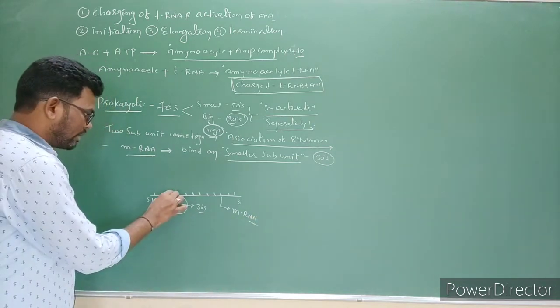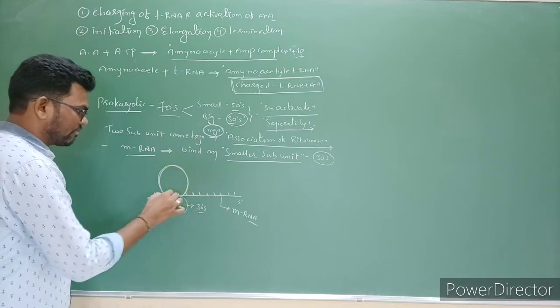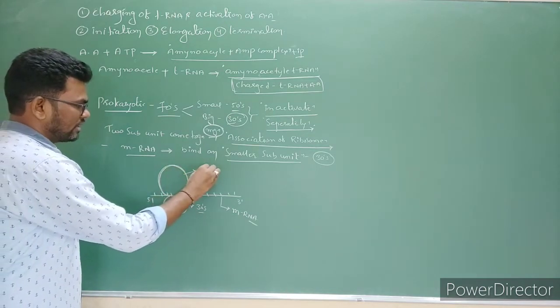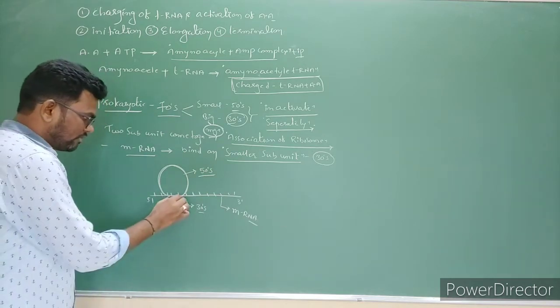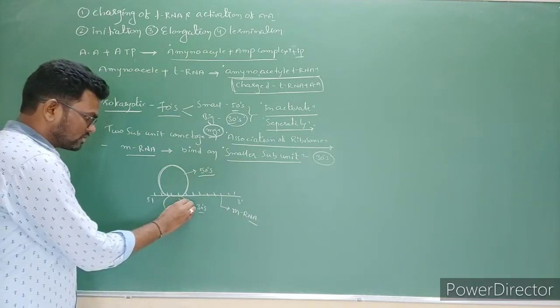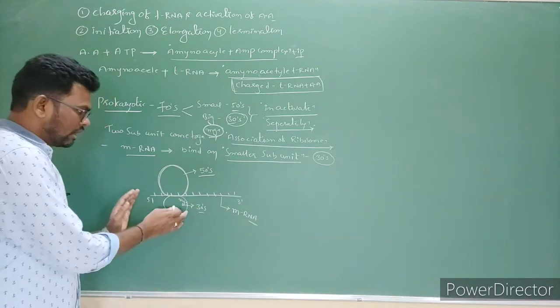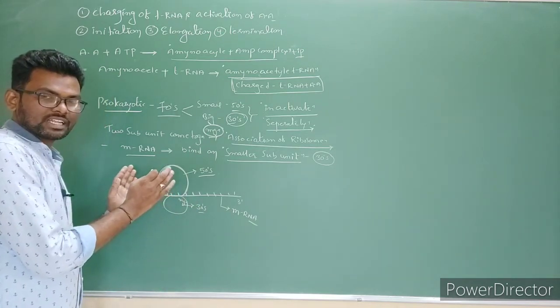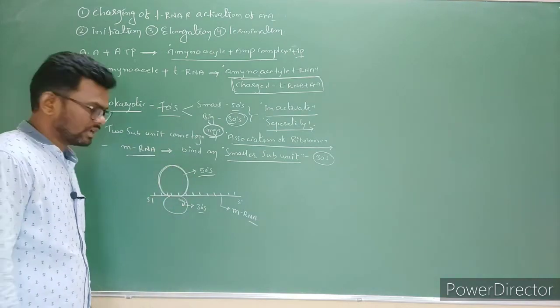Next, what happened here? One big subunit came, that is the 50S ribosome. In the presence of Mg2+, this association takes place, right? Now protein synthesis initiation is started, right?